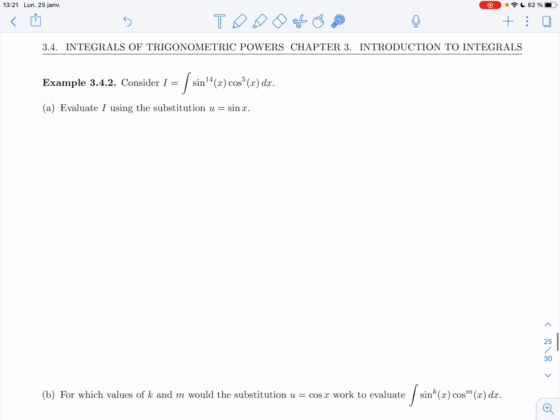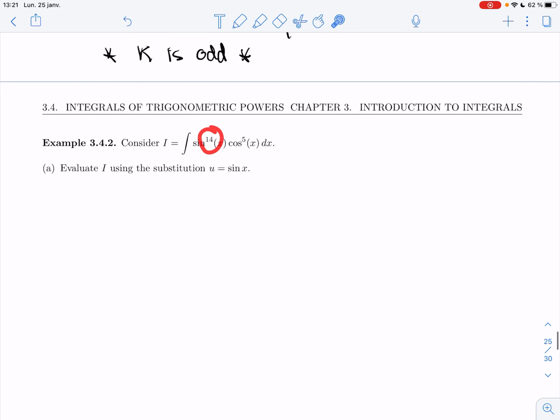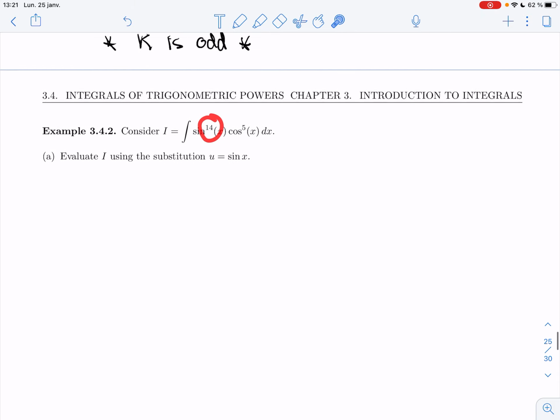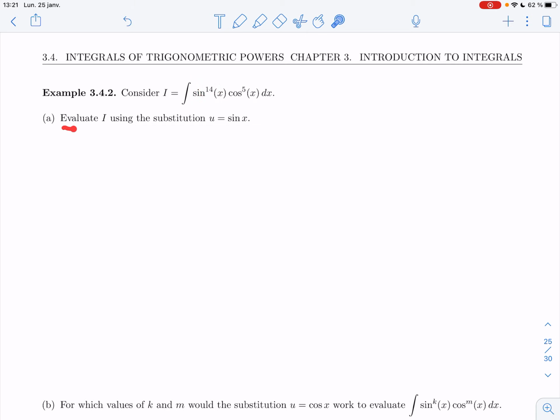Let's try one where k is even. All right, so the first substitution doesn't work. I'm going to evaluate I using the substitution u equals sine. And then we'll do the same thing. We'll say, well, for which values of m and k would that work? So I'm going to take u equals sine.